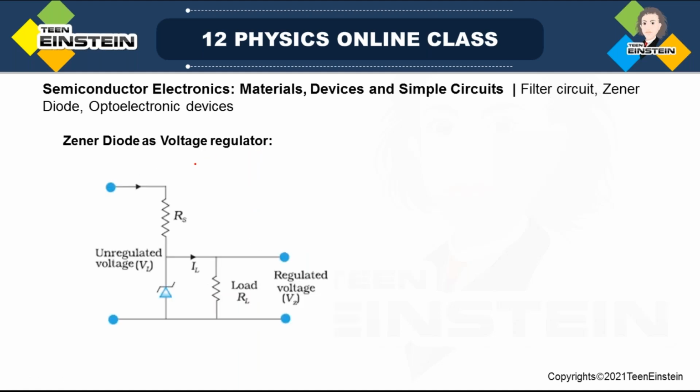So look here, how to use a Zener diode as a voltage regulator. This is the required circuit diagram of a voltage regulator, where a Zener diode is being used. In this case, the unregulated, that means fluctuating, output of a filter circuit is fed to this circuit.